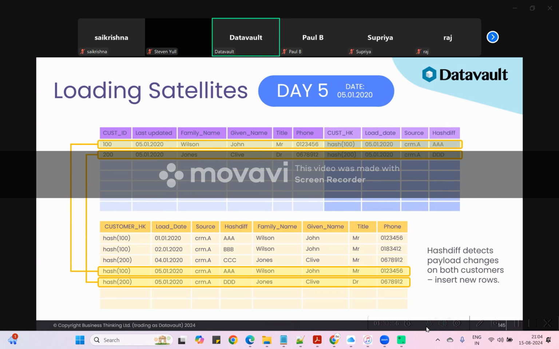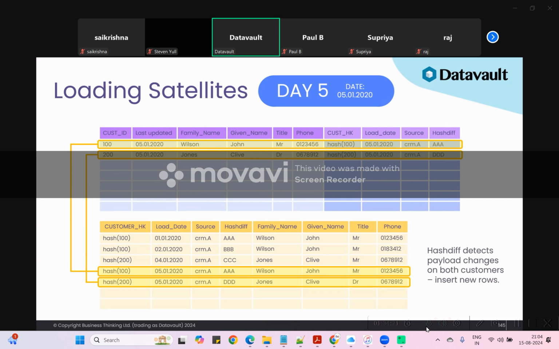So you've got 3 records in there now for customer 100, and it kind of flip-flops from one record to another and then back again on the different dates. And customer 200 has changed their title to doctor, and therefore there's a change in the hash diff there as well. That's caused a change in the satellite table.